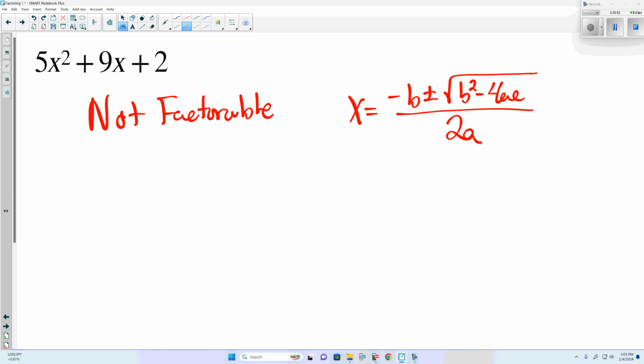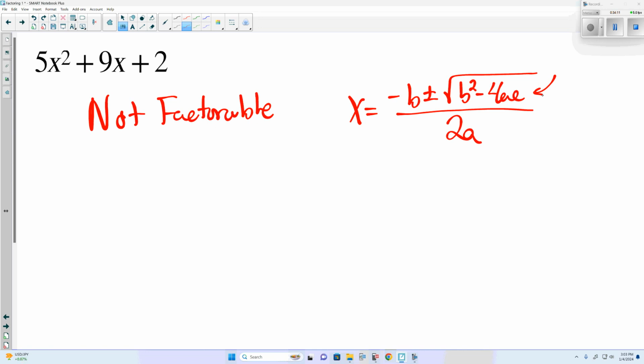Does that make sense? Because we end up with radicals, that means it's irrational. We can't really factor irrational without knowing the answer. If it's imaginary, if what's inside here is negative, then we have imaginary solutions.